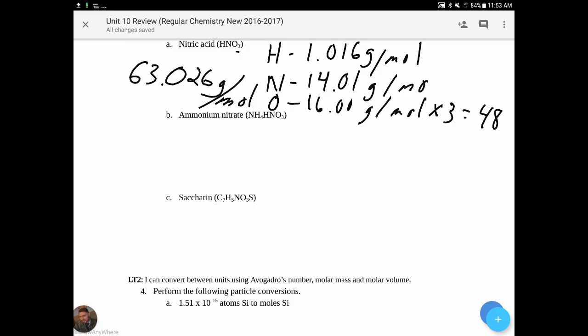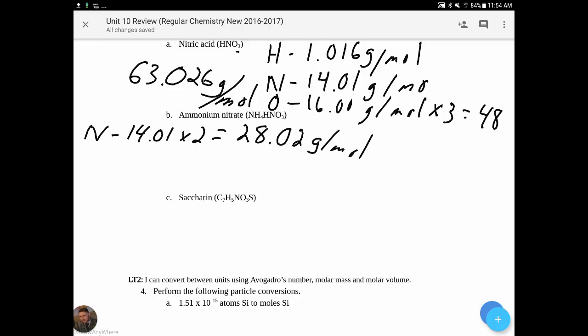All right, next we have nitrogen, and we have 2 nitrogens. So nitrogen is 14.01 times 2, which is 28.02 grams per mole. Then we have hydrogen, and there are 5 hydrogens. There's 4 here, and there's another one there. So hydrogen is 1.016 times 5, and that is 5.08 grams per mole.